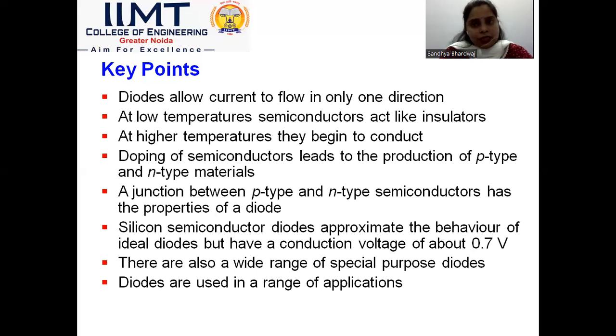After that we discovered silicon. Then compounds like gallium arsenide came, so the properties are modified from one material to another.